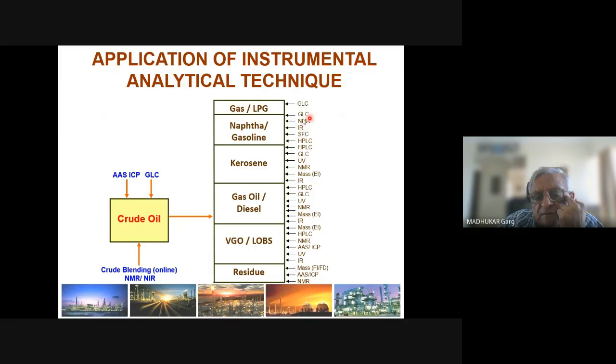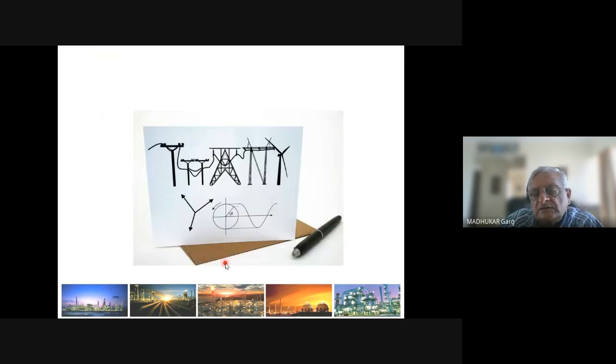This is a very powerful technique by which you can determine each and every molecule to the extent possible. So you can see how various methods are used as we go down from gas to the residue in a crude barrel. So that's all I had as far as characterization of crude oil is concerned.